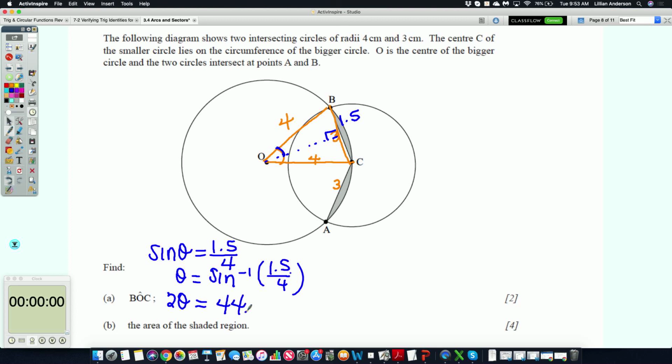So 44 point... Okay, so then, can you guys do that in radians? Change your modes to radians and tell me what this is in radians.